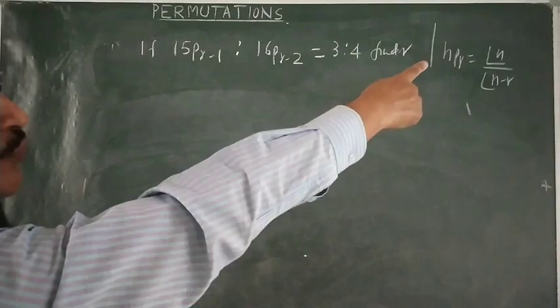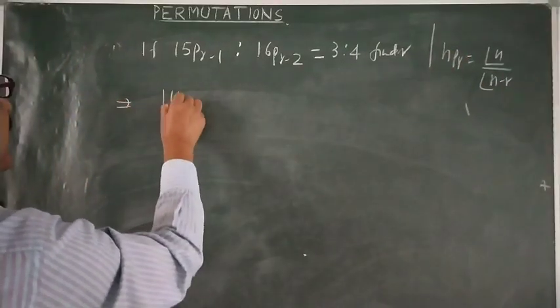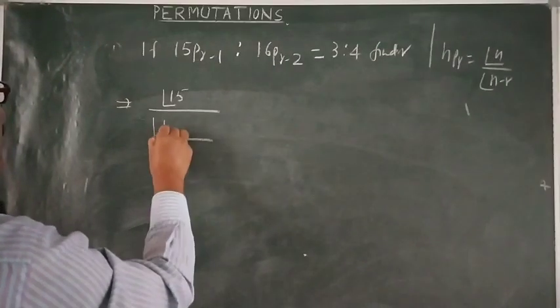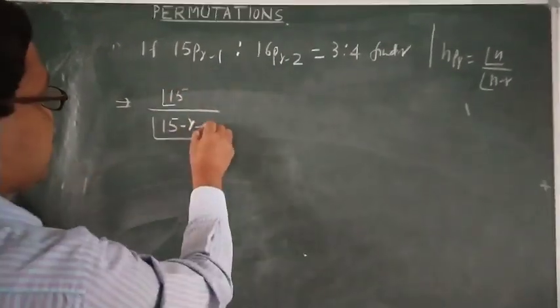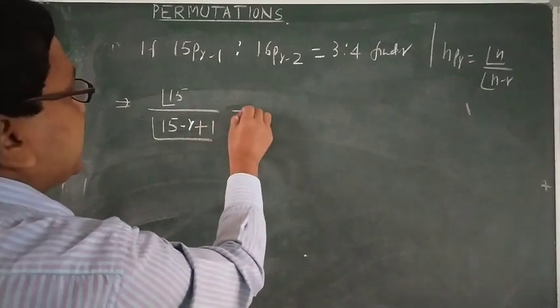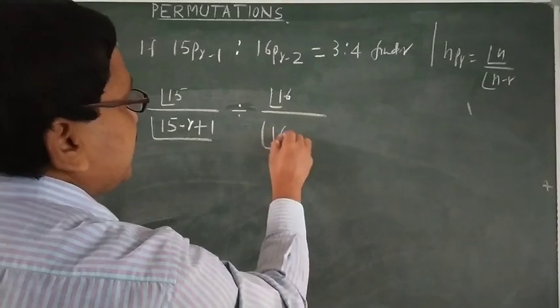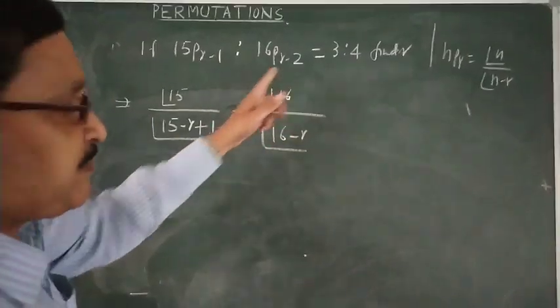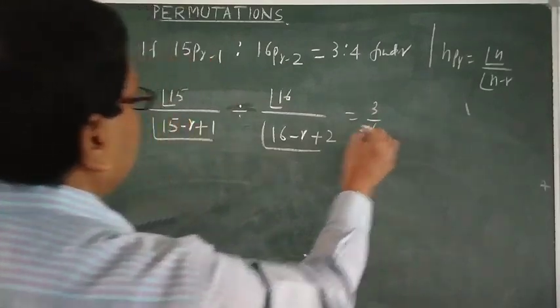Again we use the same concept. This implies factorial 15 by factorial 15 minus r minus 1, which becomes plus 1, divided by factorial 16 by factorial 16 minus r minus 2, which becomes plus 2, is equal to 3 by 4.